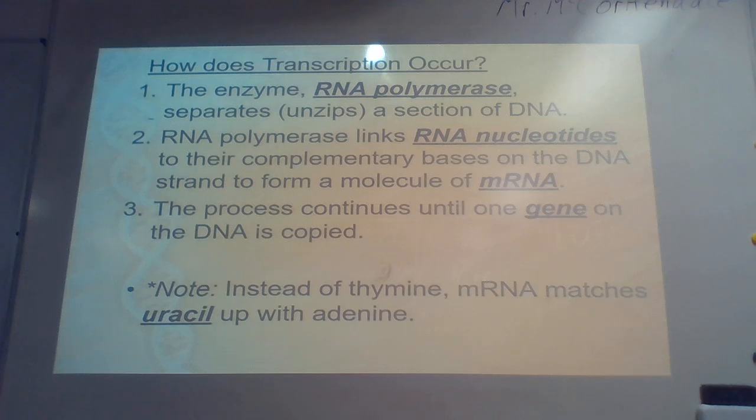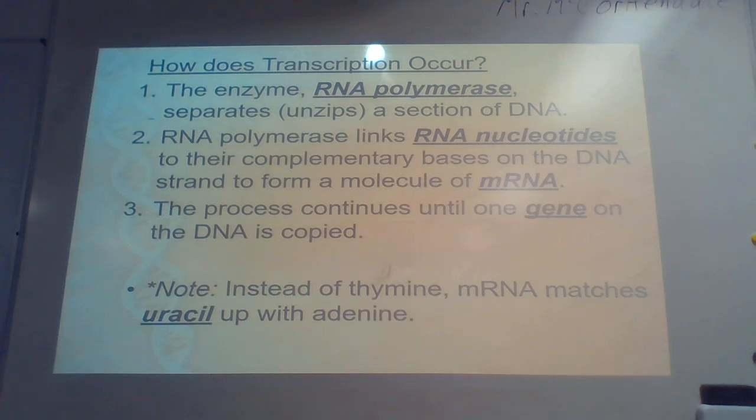The enzyme RNA polymerase runs down and unzips a section of the DNA. It links the RNA nucleotides to the DNA strand to form the mRNA molecule. Then it copies the entirety of one gene. It doesn't copy multiple genes; it is one gene.